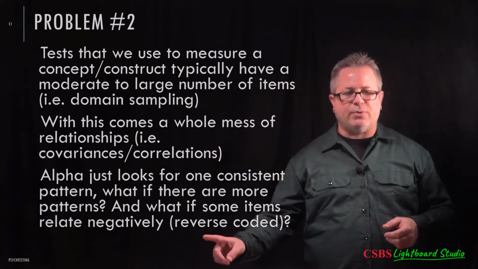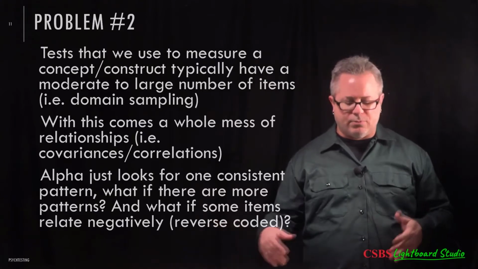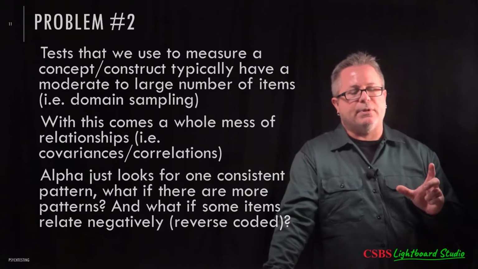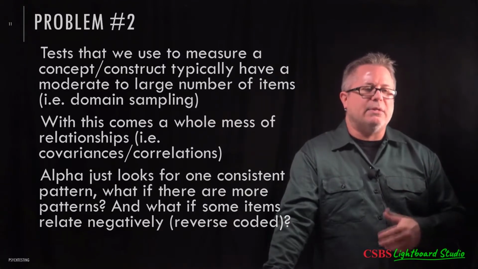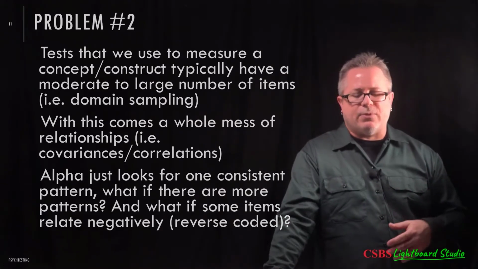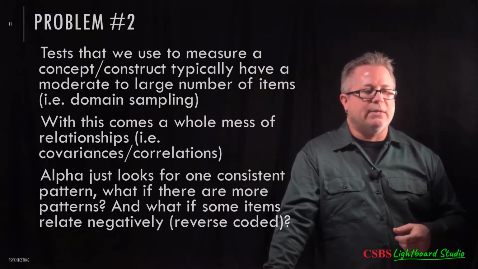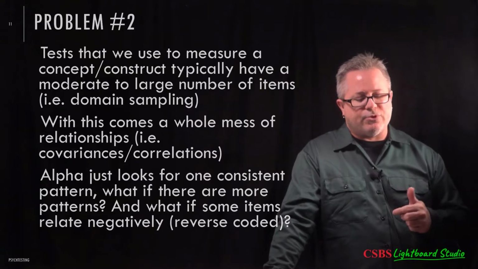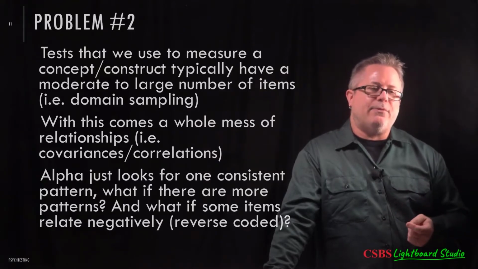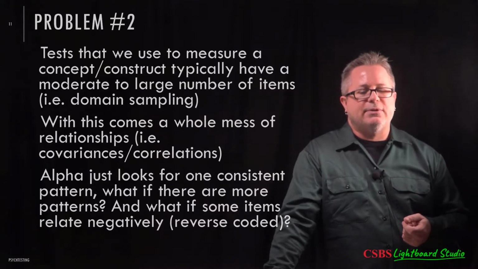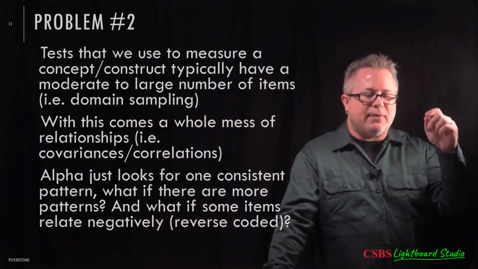Especially in cases where sometimes we like to reverse code items, where questions asking about anxiety, or let's say it's depression, you might have a question like, "Oh, I feel happy all the time," or "I rarely get sad." Those kinds of questions are in the reverse direction, just to keep people from responding in some sort of lazy way, or they just circle all the fives or something.